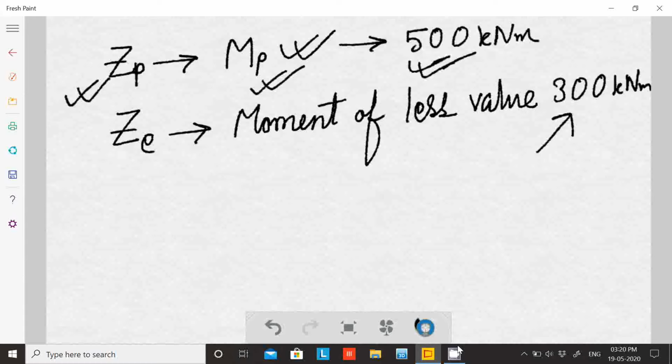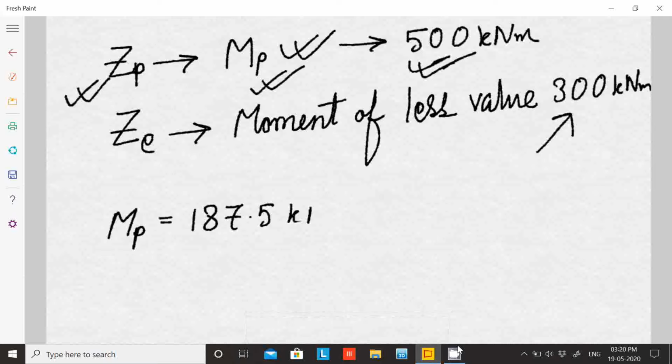You see, the load that is given to us is how much? The MP that is given to us is actually 187.5 kilonewton meter.